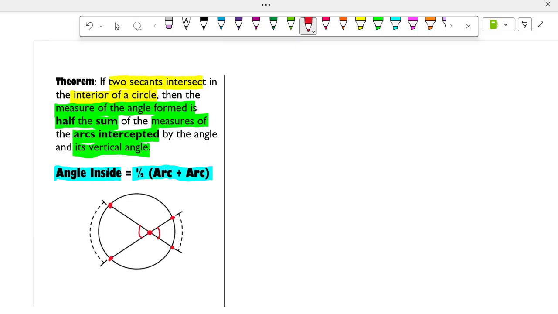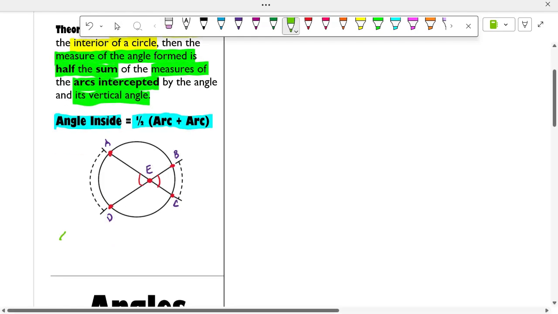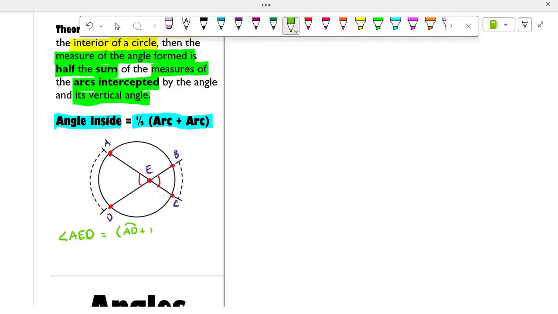So, now, let's call this A, B, C, and D, and then this point right here is E. So all it's saying is that the measure of angle AED would be equal to the measure of arc AD plus the measure of arc BC, all divided by 2.